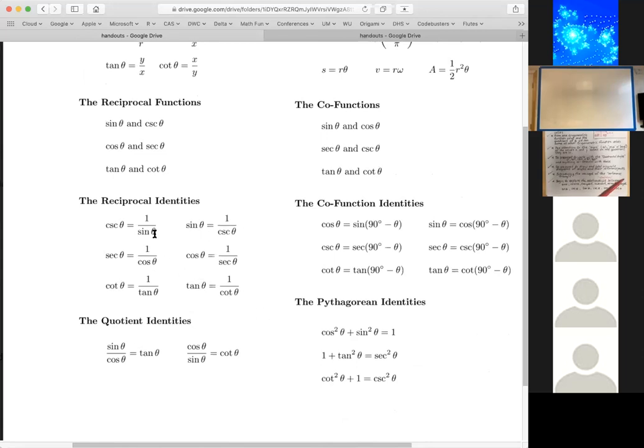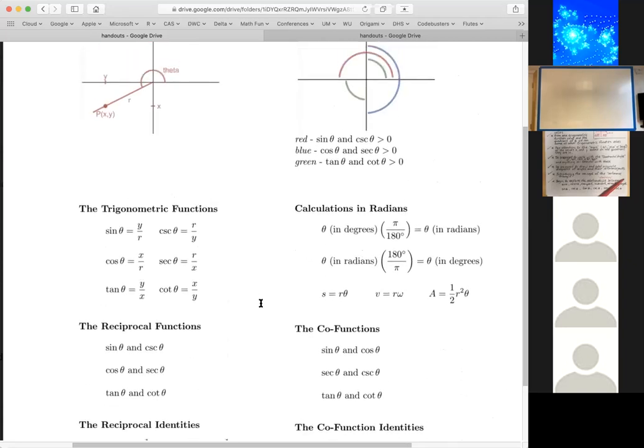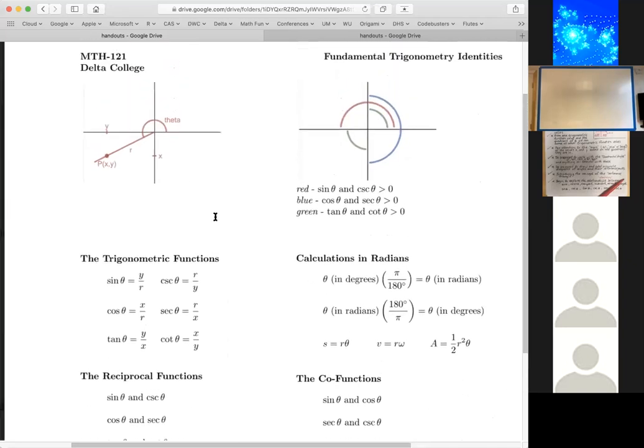Like, you don't always have to remember 6. You usually have to just remember 3. Sometimes you just need to remember 2. They always come in partners, in pairs or triples. Pythagorean identities: if you remember 1, you can remember the other 2 automatically. So it's not as imposing as it looks, but you do need to know these basic relationships.